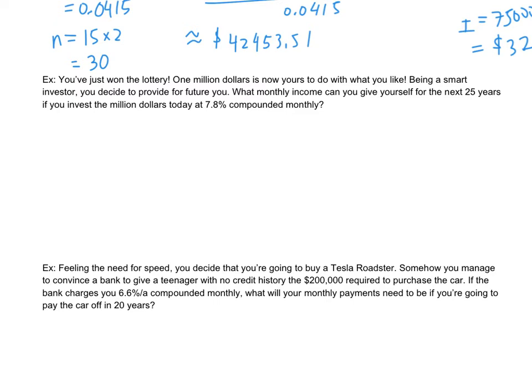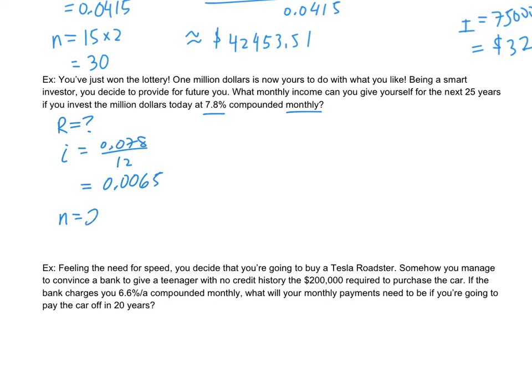So first of all, I know this is present value because I'm depositing money today, presently, and then I'm going to withdraw from it for the next 25 years. So this time they actually gave you the present value and we're actually looking at those regular withdrawals. So R is unknown, but I know the interest compounded monthly, so 0.078 divided by 12, and that's 0.0065.